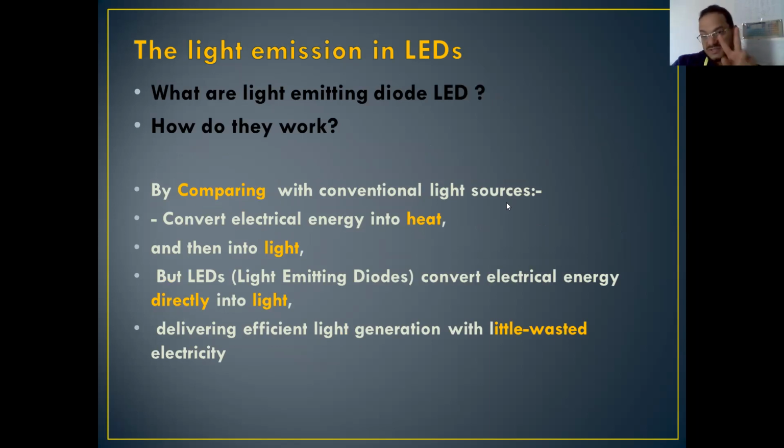That means there are two steps, but with the LED, we have just one step that generates light directly by skipping the heating step, delivering efficient light generation with little wasted electricity. We're dealing with little wasted electricity because it skips the heating step.